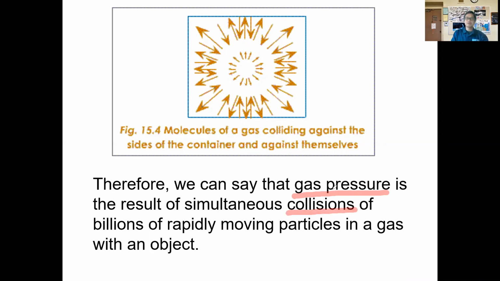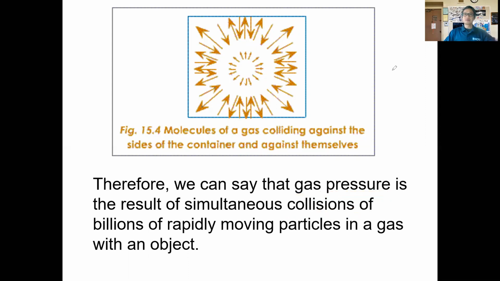That's what you want to make sure you keep in mind as you move forward. The number of collisions can be determined by how many gas particles we have, the amount of gas particles we just talked about in the previous slide. And one other factor that we're going to talk about is how fast those gas particles move. Keep that in mind as we move forward.